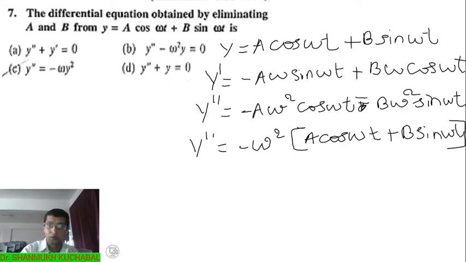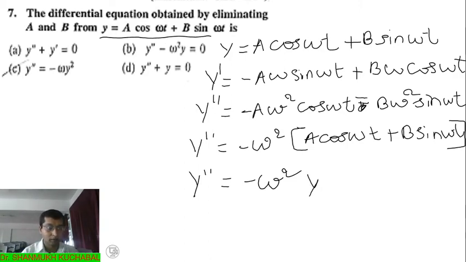So we get y double dash equal to minus omega square times a cos omega t plus b sin omega t. From the given equation it is y, so we take it as y. So the solution is y double dash equal to minus omega square y. Therefore option C is the right answer.